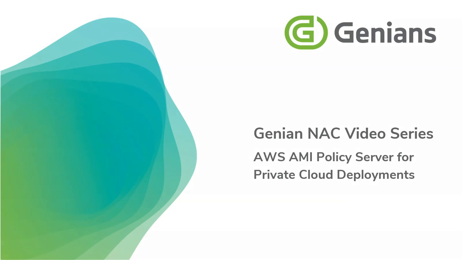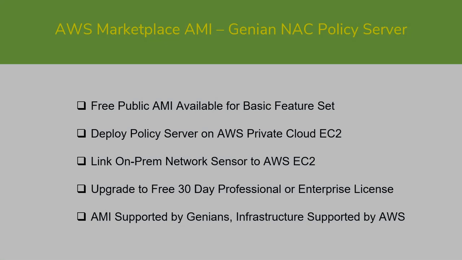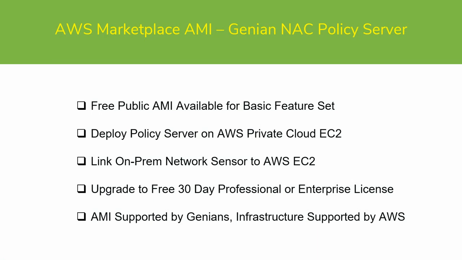Today we will discuss the AWS AMI Policy Server for private cloud deployments. The AWS Marketplace AMI Genian NAC Policy Server provides a free public AMI available for the basic feature set.